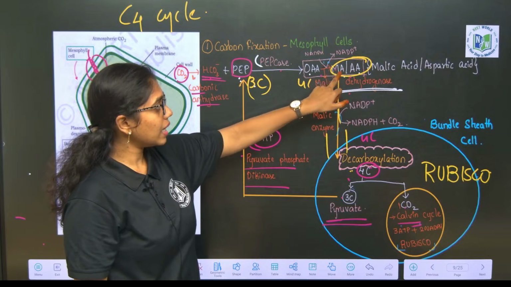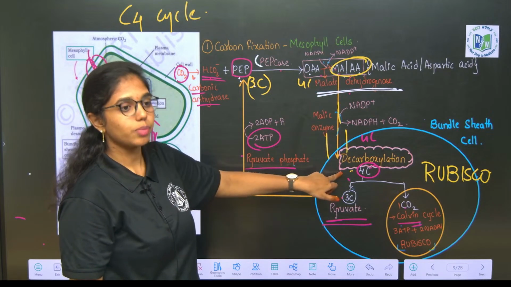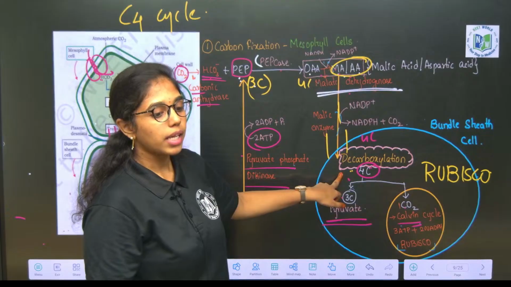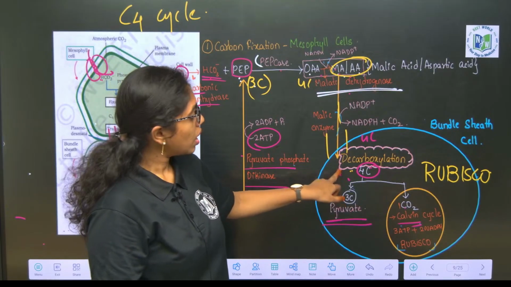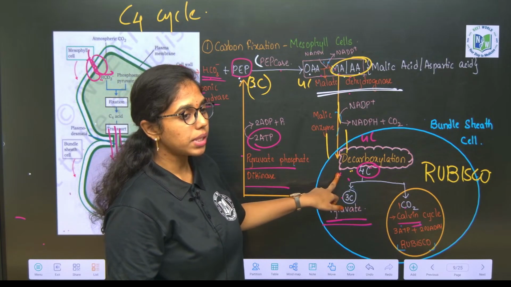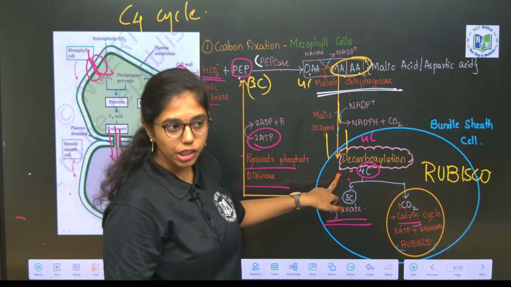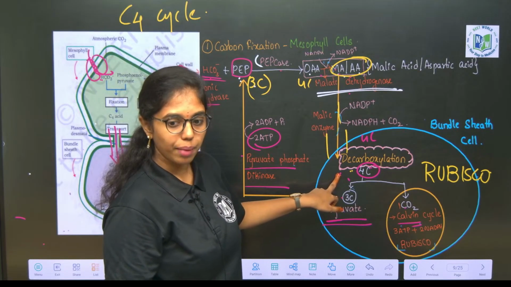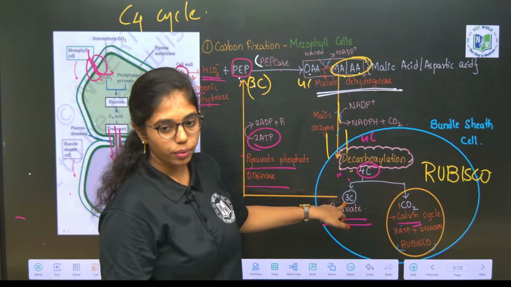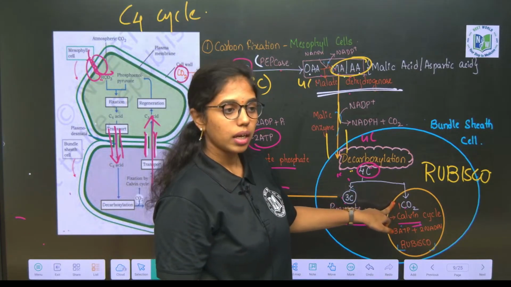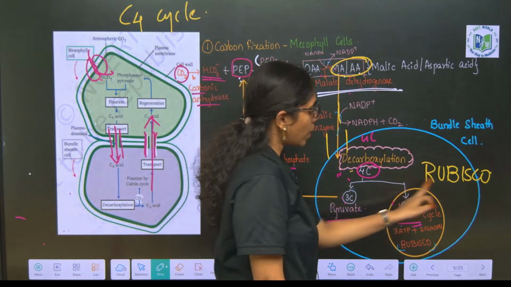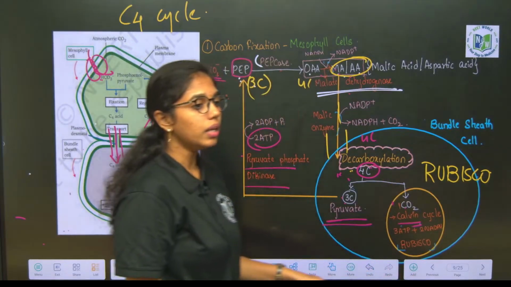And this is entering into the bundle sheath cells by what connections? Plasmodesmata connections. And decarboxylation happens inside bundle sheath cells, which forms 3 carbon pyruvate and 1 carbon dioxide. This 1 carbon dioxide will run what cycle?